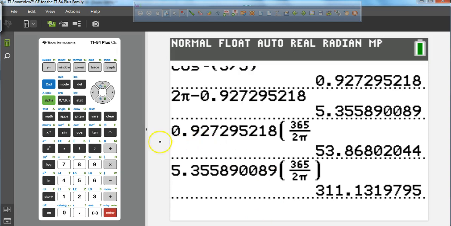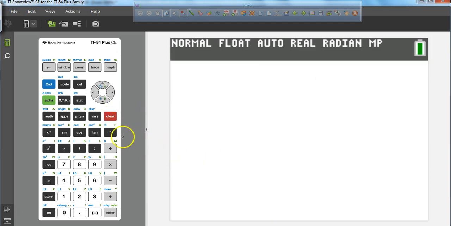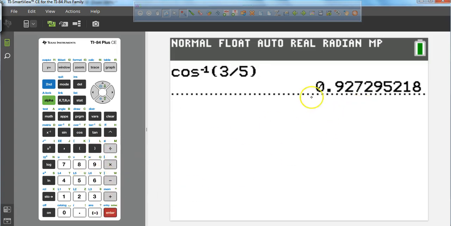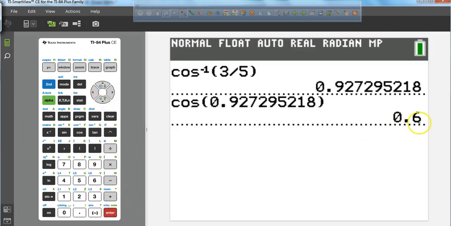So let me prove that to you here, okay? So if I said the inverse of cosine of 3/5, which we eventually got, was this. Well, look what happens when I say, what is the cosine of this? There's the cosine of that, which equals 0.6.